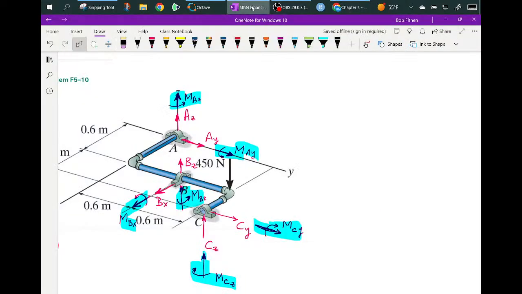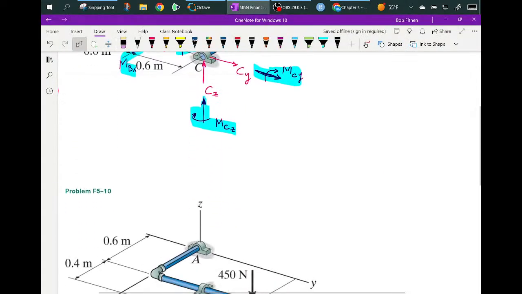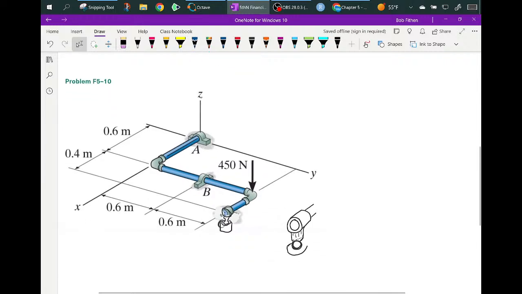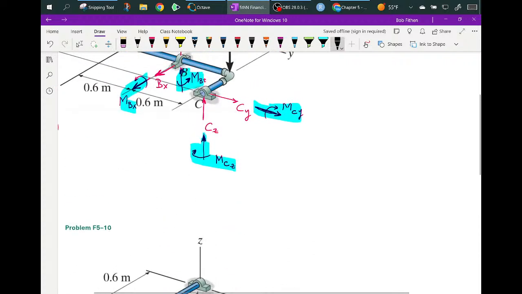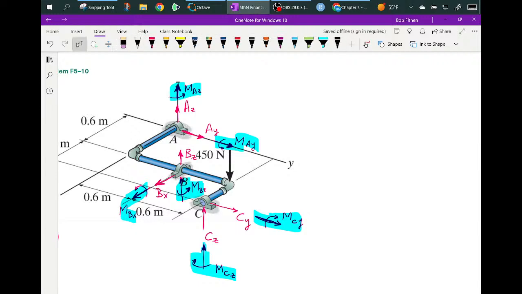So I'm telling you, and I would believe that anyone would back me up, that if you don't want that member to take a moment, the only way to have that happen is if this thing sat in some sort of ball bearing here so that this thing could rock back and forth. That's an improper constraint to begin with. So if he's given you this in that analysis, that's a completely wrong way of doing things.